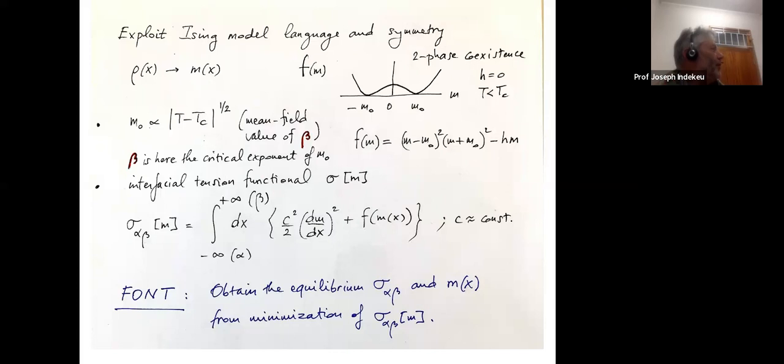A bit lost? Where exactly did you get lost? Going a bit fast was when the mean field was beta equals a half, and then starting from the interfacial tension functional. So it's limiting between a positive and a negative infinity as we tend towards the two sides, yeah?